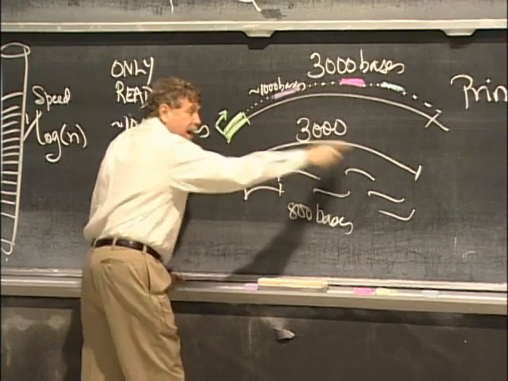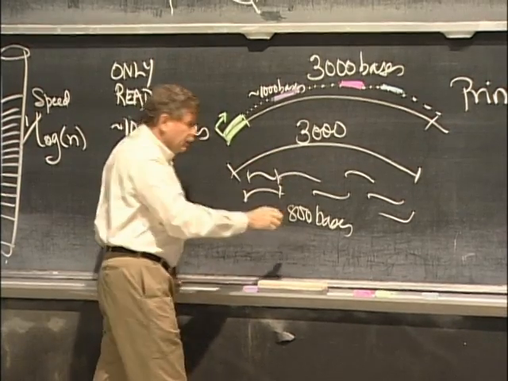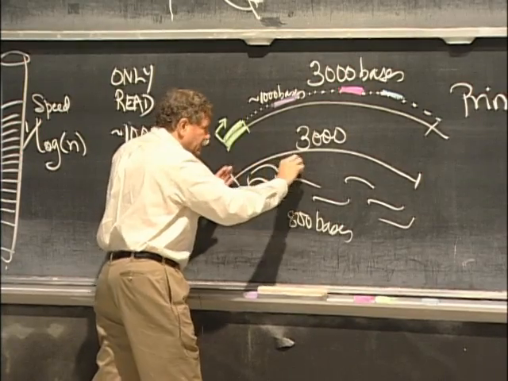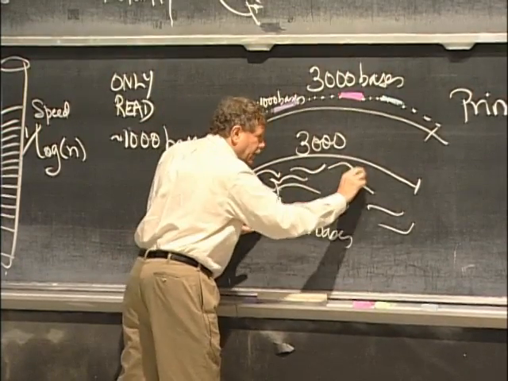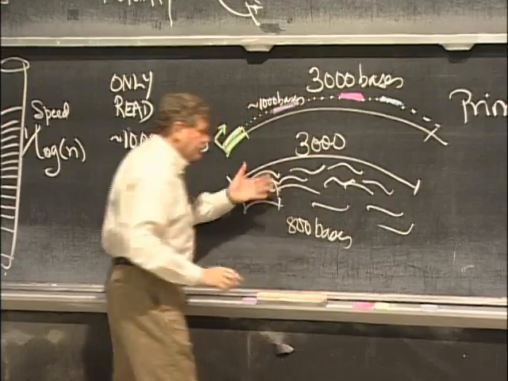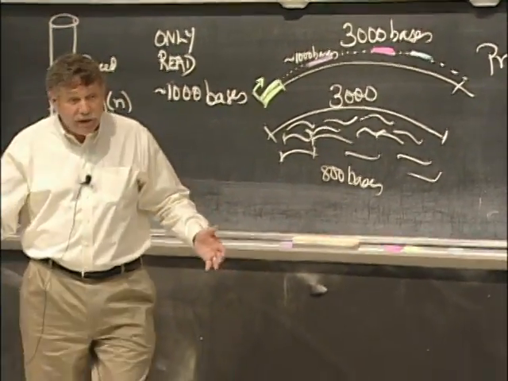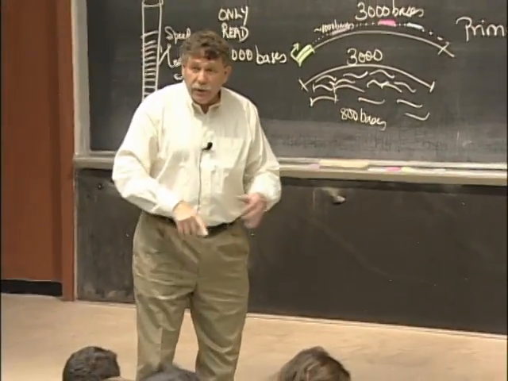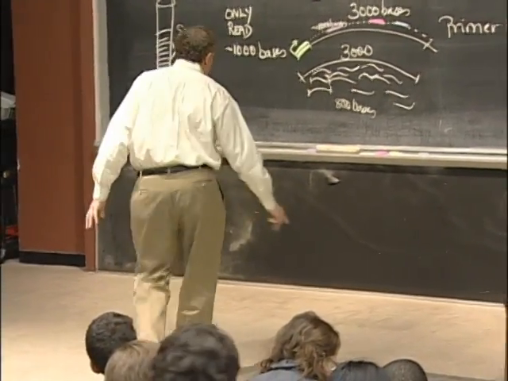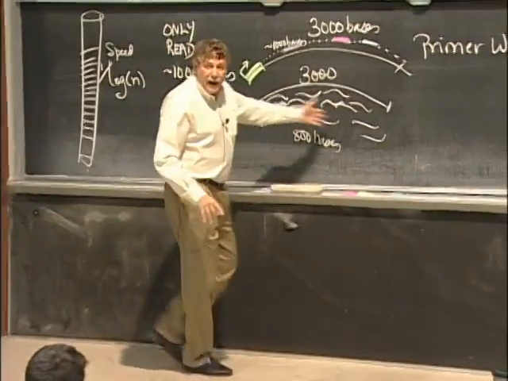Now remember, I had a lot of copies of this clone, right? So I'm going to get shreds like this, and shreds like that, and a shred like that. It's not just one copy. I got a lot of copies of this piece of DNA there. I'm going to shred it up. And there are ways to shred it up by forcing it through a needle or treating it meanly or things like that. I'm going to get lots of little fragments.